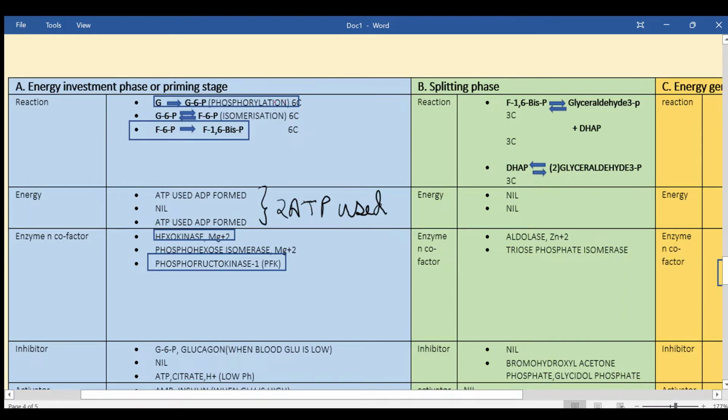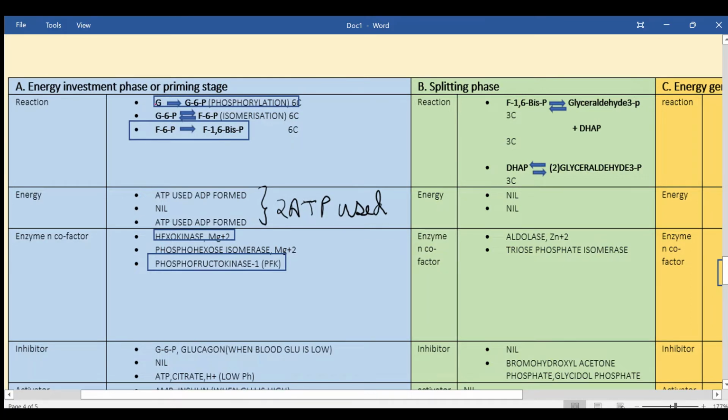The second step of glycolysis is the conversion of glucose 6-phosphate into fructose 6-phosphate. And I think it is very clearly visible. I have used two arrows here to show bidirectionality or the reversibility of this reaction. That is, this can be reversed, but the first step cannot be reversed.